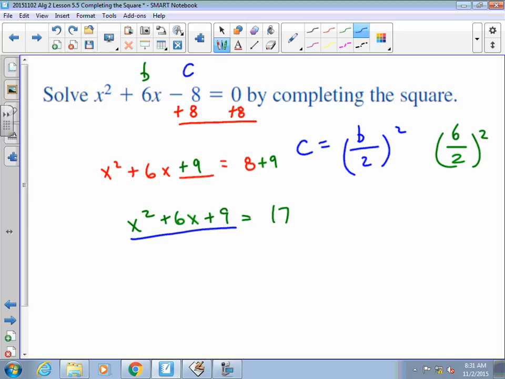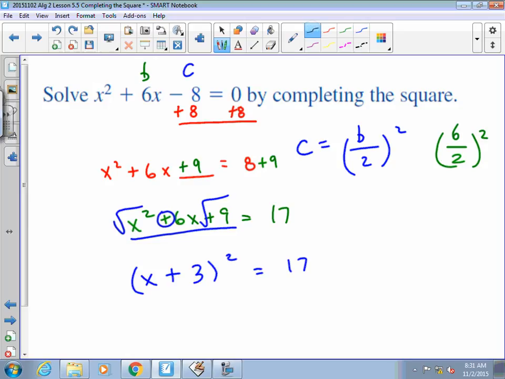Okay, so take the square root of this, x, the square root of this, 3. This sign in front of b goes in between them. So x plus 3 squared is equal to 17.